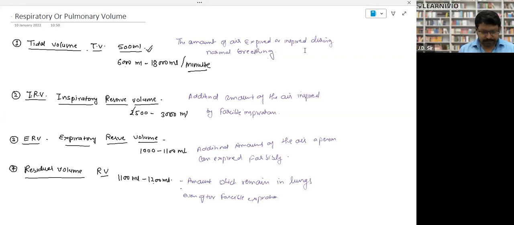So please note down, the amount of air which still remains in lungs after forcible expiration is called RV.